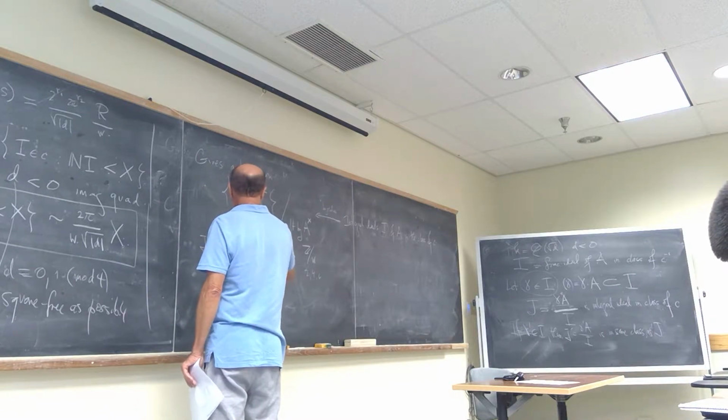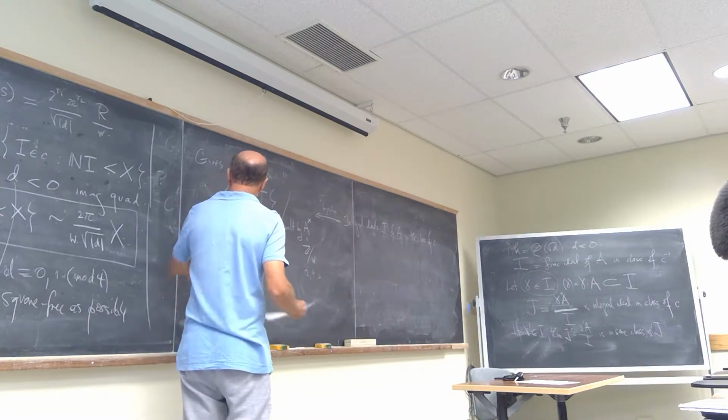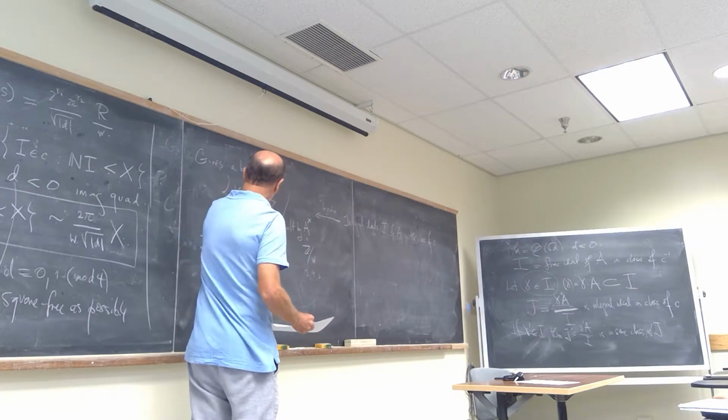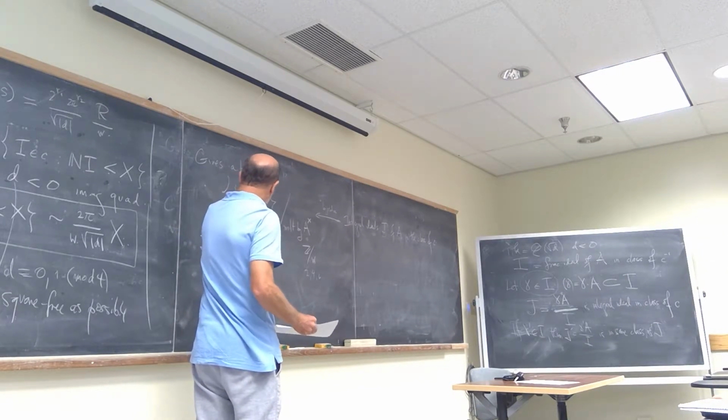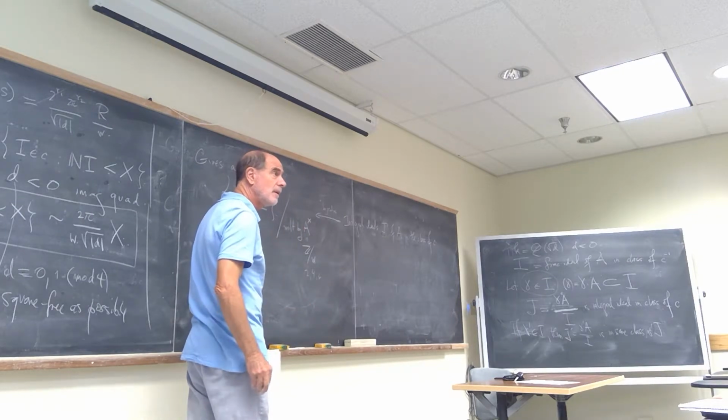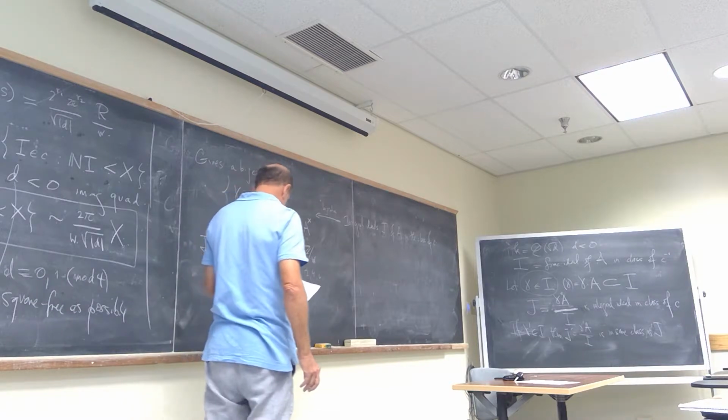It has some generator, gamma. Gamma lies in I because J was an integral ideal, and is well defined up to a unit, namely a generator of an ideal, if it's principal, is well defined up to a unit. Good? So we get that bijection.